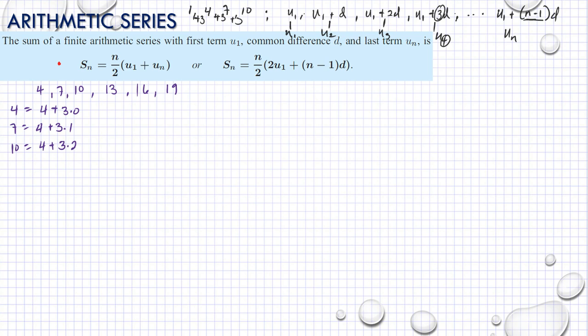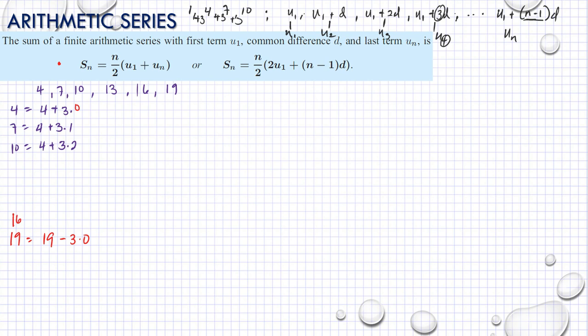But for 19, I can also use this 19. Another pen, so that you can see the difference. For 19, I can use, this is 0. I have also 19 minus 3 times 0.